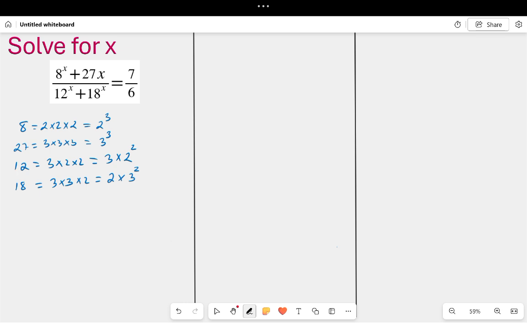Now we want to rewrite the equation using this new fact of indices.